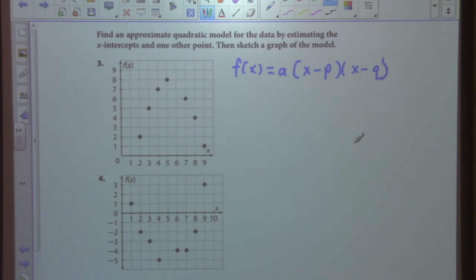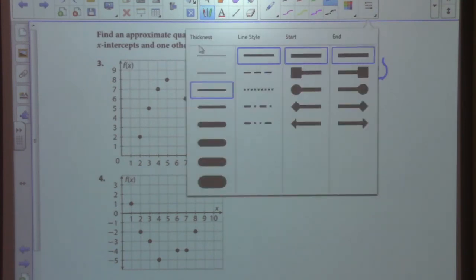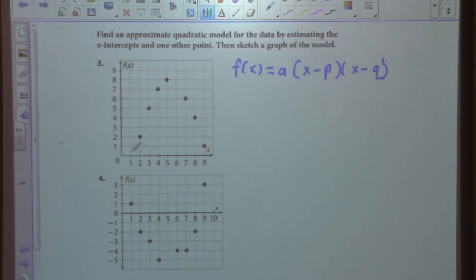I put those different letters up there because we're really talking about something different. So what are your x-intercepts for this function?